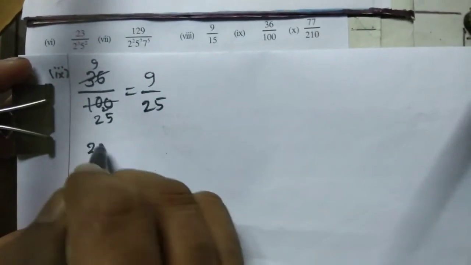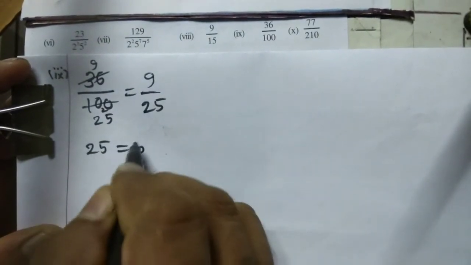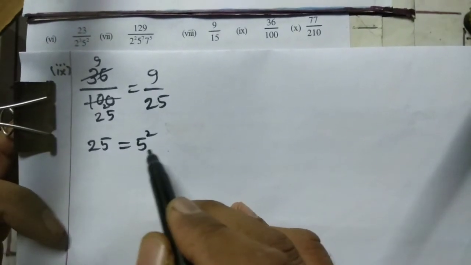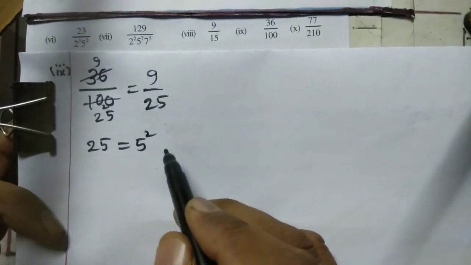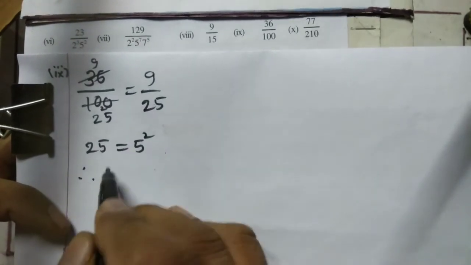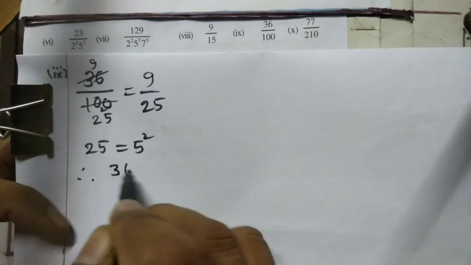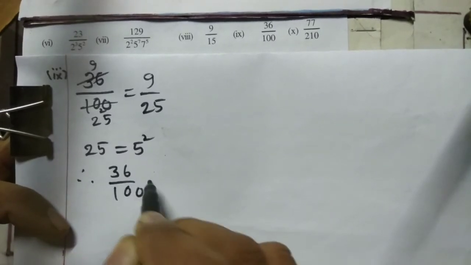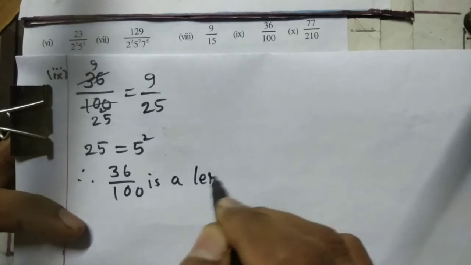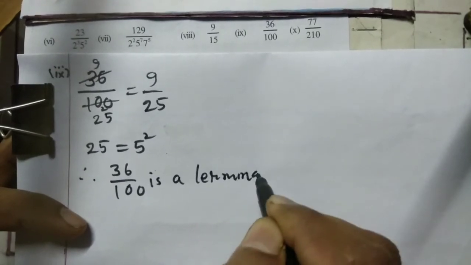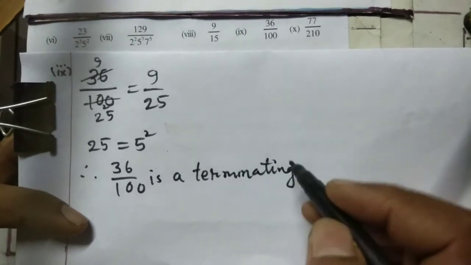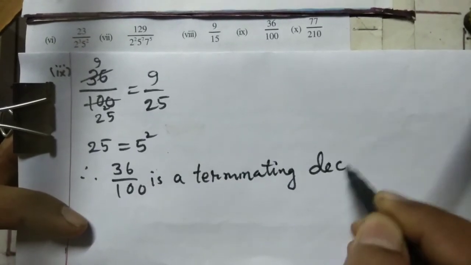Denominator 25 we can write as 5 square. 5 square is of the form 5 power n. So 36 by 100 is a terminating decimal.